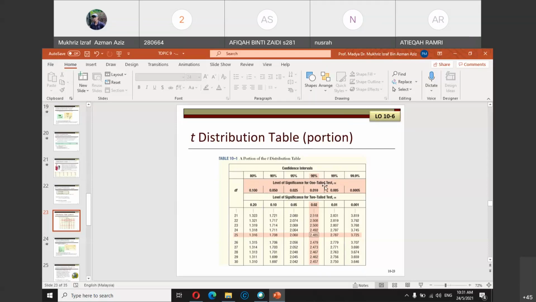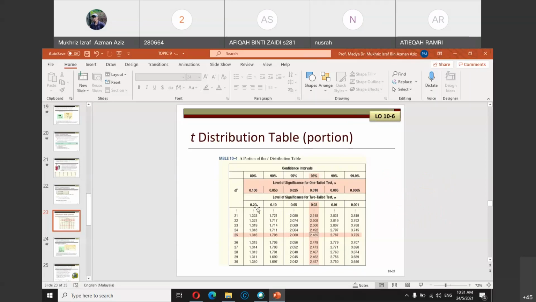The second is just for a one tail test, and you use the third row if you are doing a two tail test, meaning that the second row is only for more than or less than. The third row is for testing not equal to. If your H1 is not equal to, you refer to the two tail test. If your H1 is more than or less than, you use the one tail test.